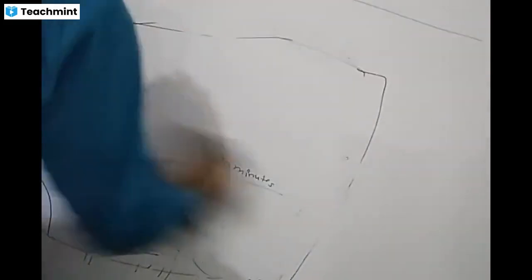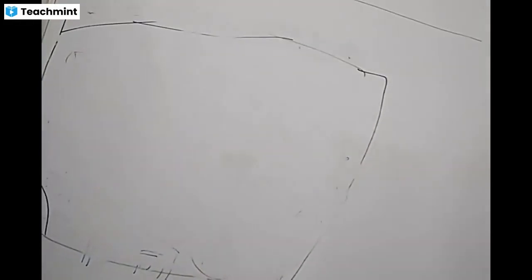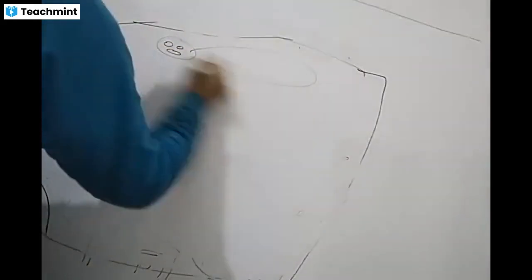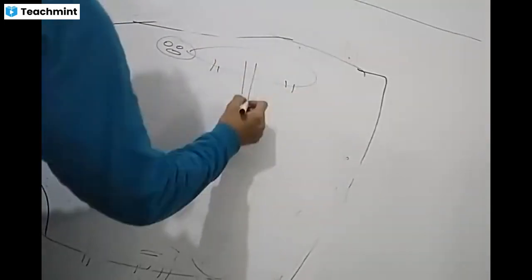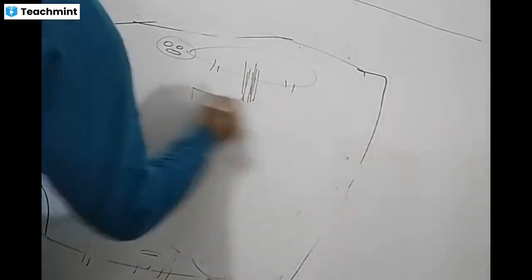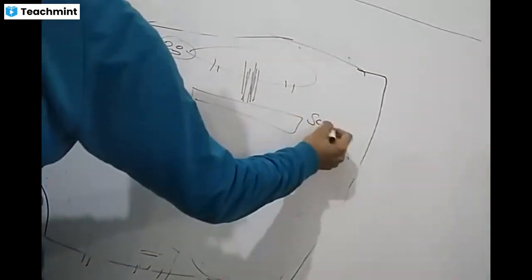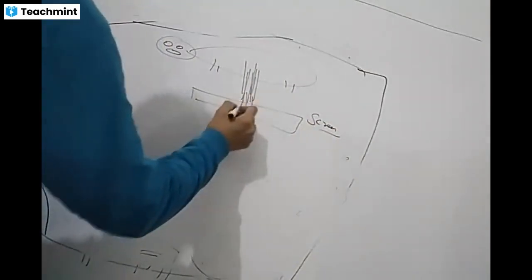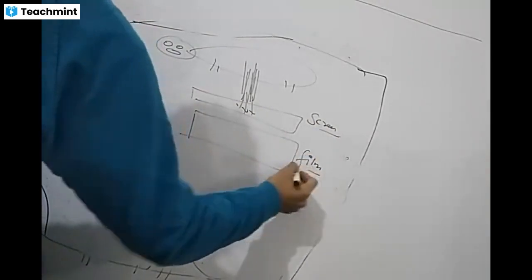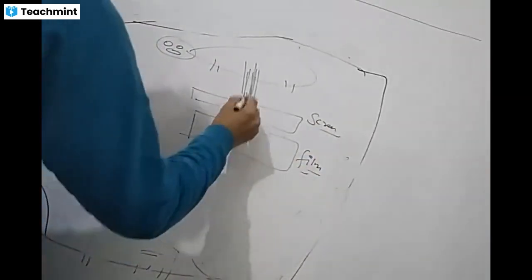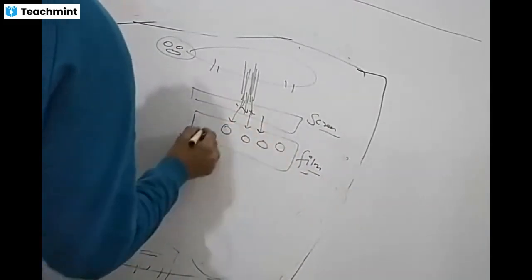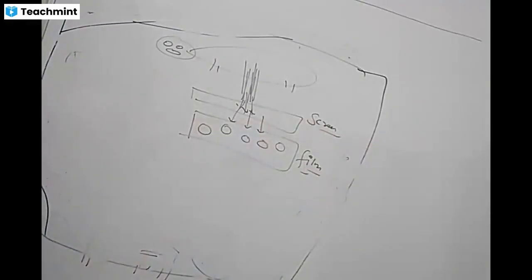So if I summarize the film processing, what happens? We started with the animal. From the animal, the beam is coming out. Suppose this is a screen film, which has a screen; the beam falls on the screen. Below the screen is the film. The main part is the emulsion. Suppose the emulsion has five crystals.